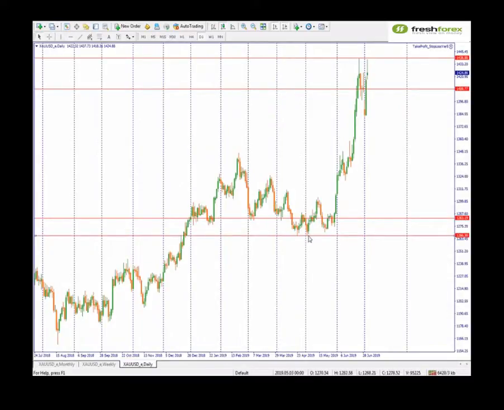So that was in May. The price was around 1265.93, and this means that we actually closed above. So the candle is one green candle here.